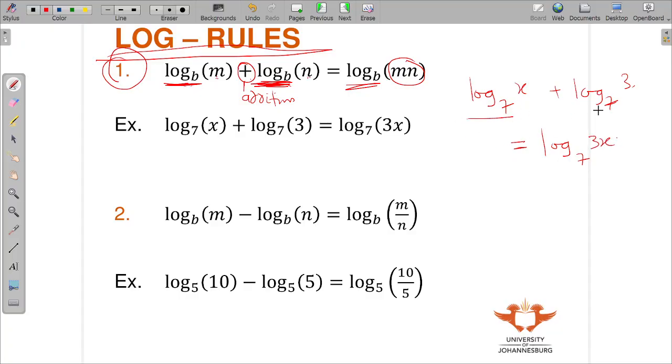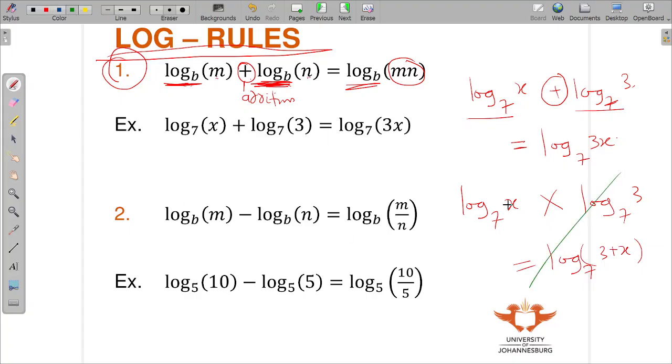Take note that they must be the same base, and the operation connecting them is addition. So you cannot have something like this to give us this. It's not possible. This is not part of the rule.